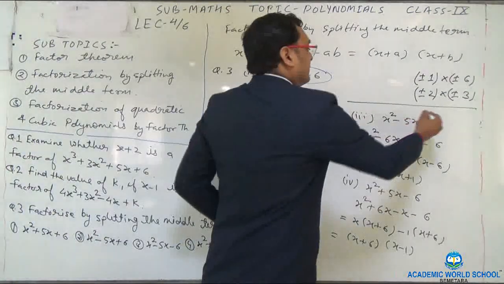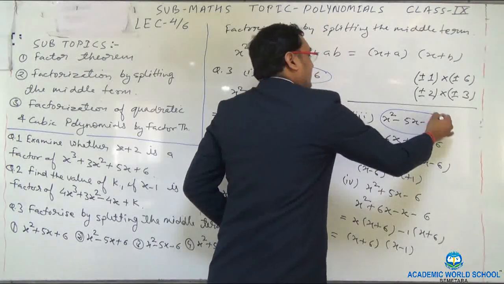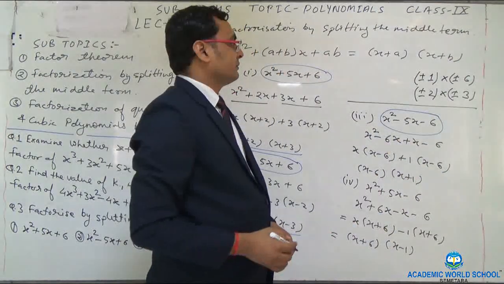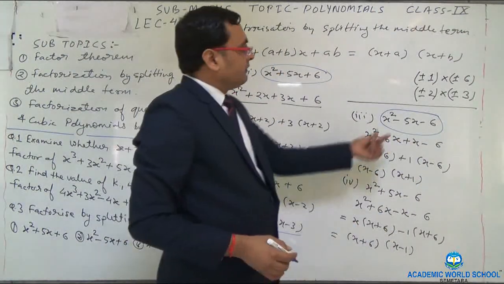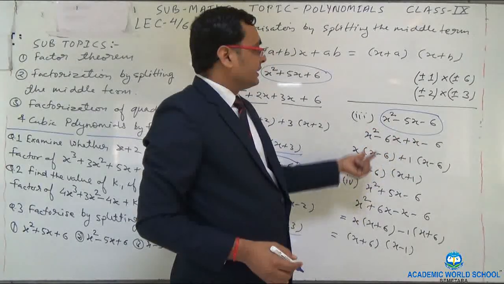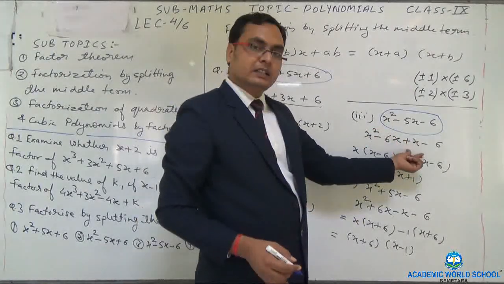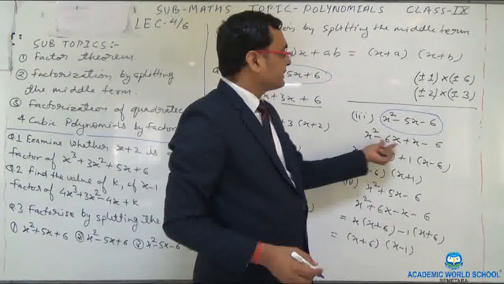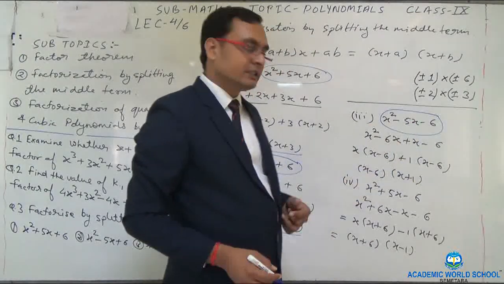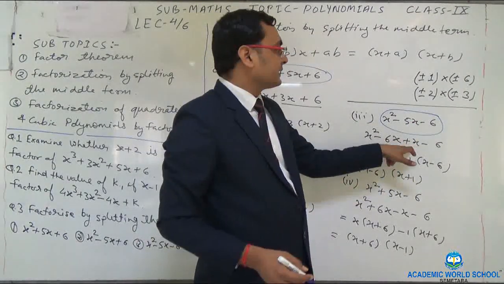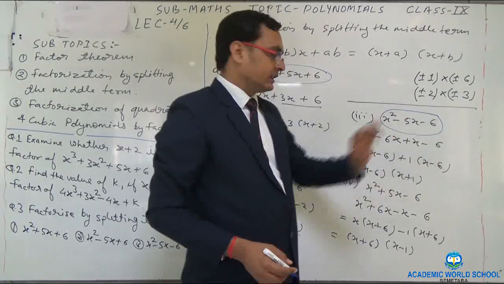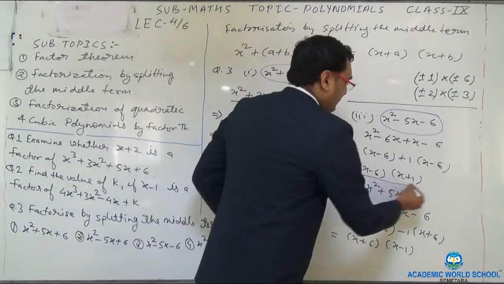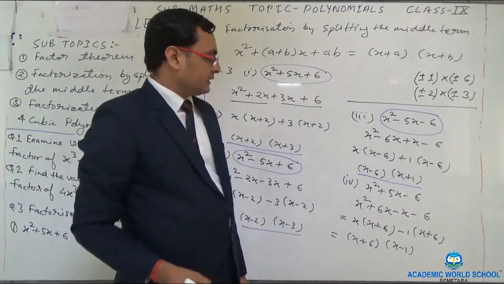Third, the polynomial is x square minus 5x minus 6. We split this minus 5x in two parts, minus 6x and plus x. Minus 6x plus x will give us minus 5x, and minus 6 into plus 1 is minus 6. We solved it to get these two factors.